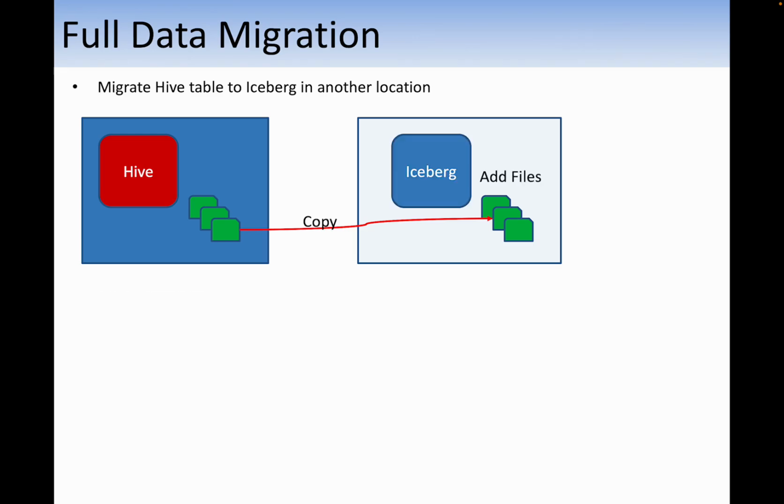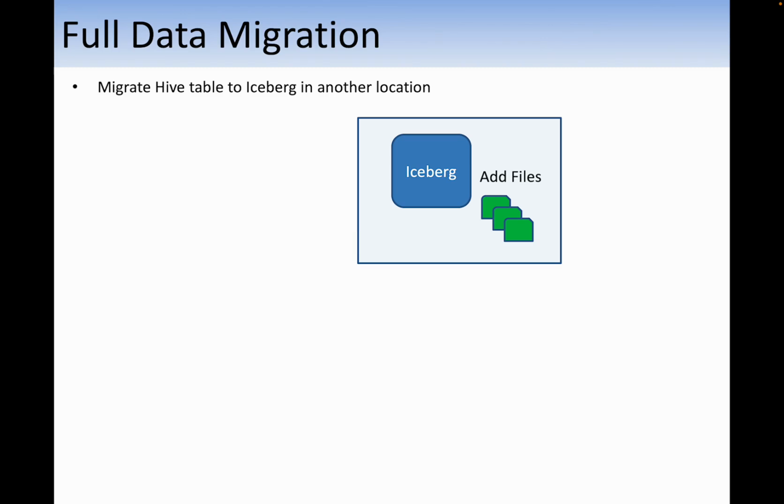Once you're done with your validation, and again, even with full data migration, make sure you do snapshot testing, because that is a best practice. It's not an official software requirement, but it's a best practice, right? Run the snapshot. Then once you're done, you're going to drop the Hive table and purge the Hive files. Then you have an Iceberg table ready to go.